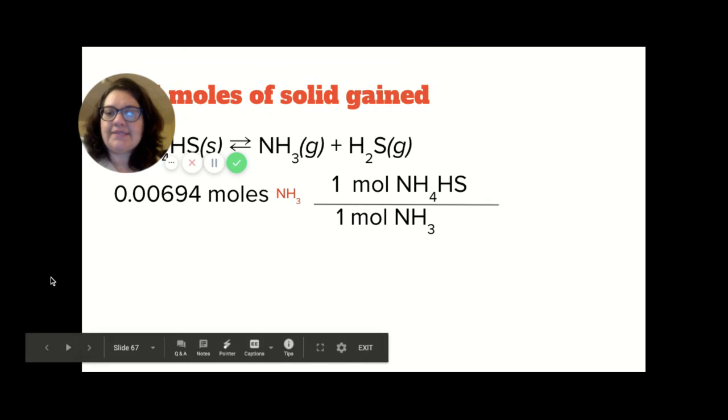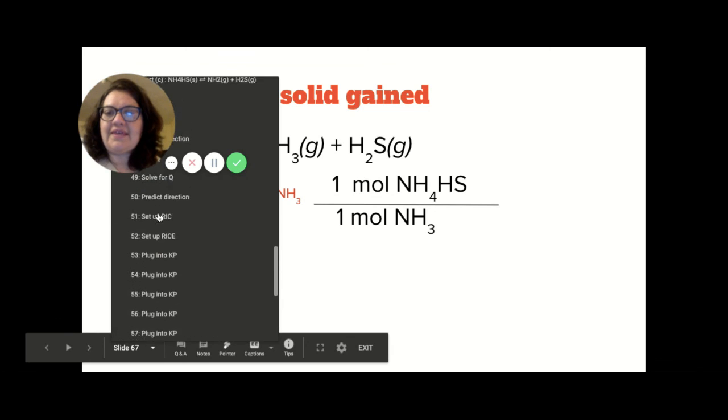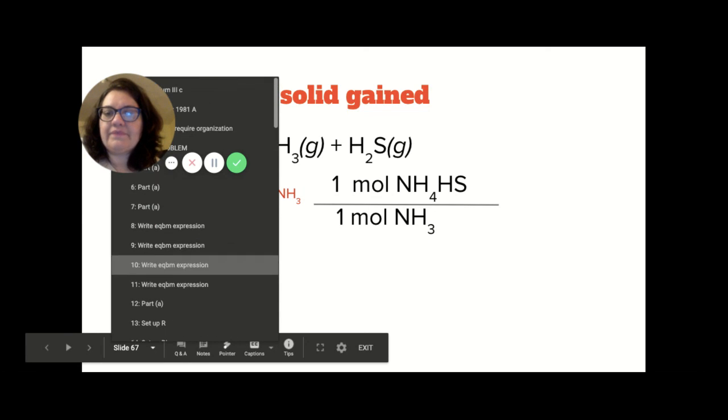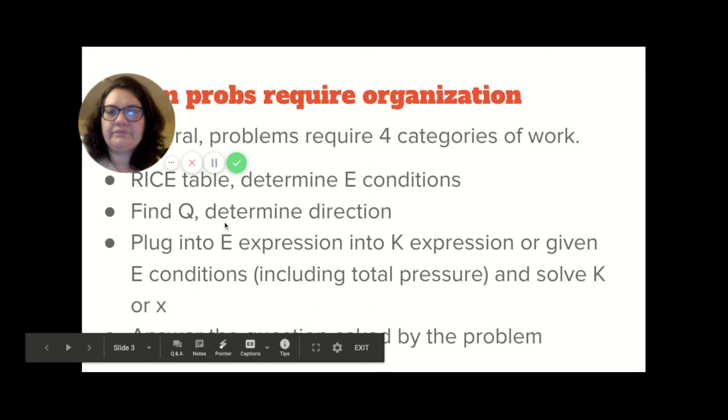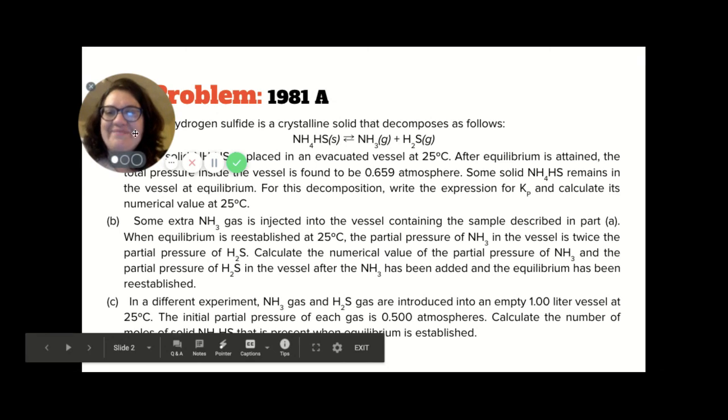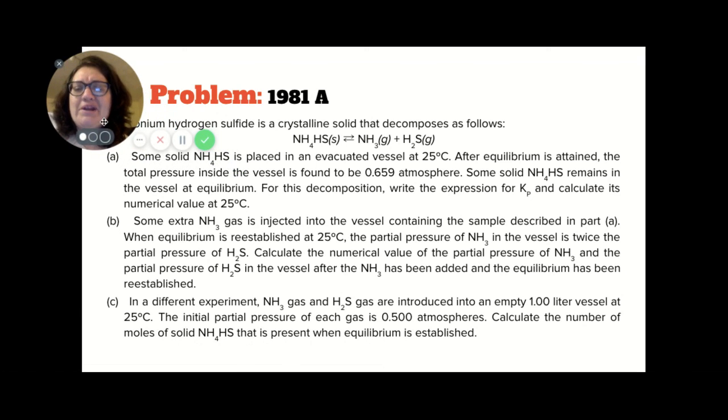Let us look at the path we traveled. Here is the problem. Okay, so part A, those were the good old days. We were asked to write the expression for Kp. All good. The only weird thing was we had to remember that the solid did not participate.